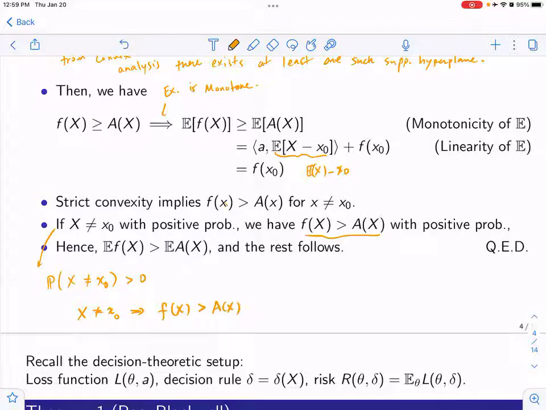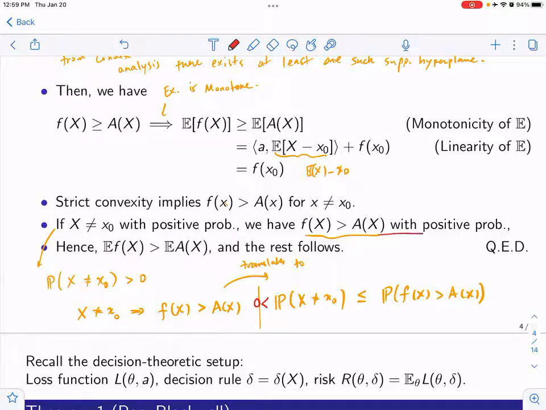So the probabilistic implication is that the probability of x not equal x0 is less than or equal to the probability of f of x bigger than a of x. Logical implication translates to this, and we know that this side by assumption is positive because x is not constant.